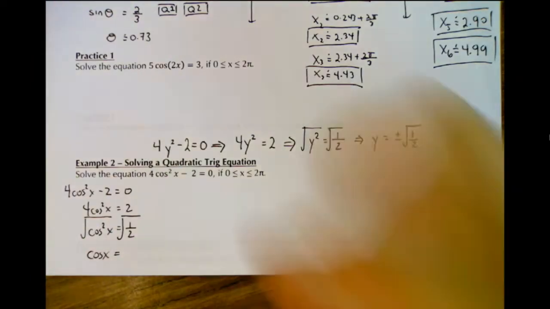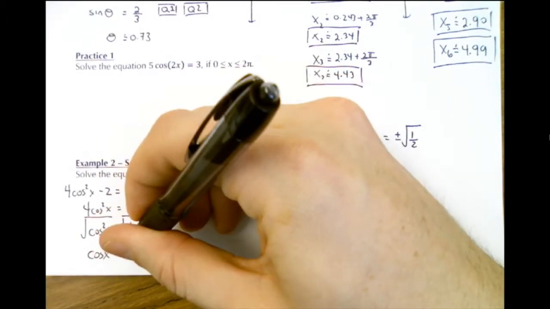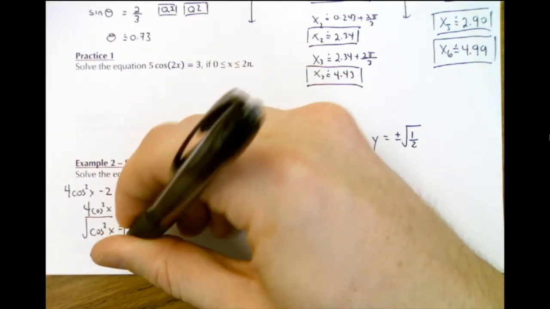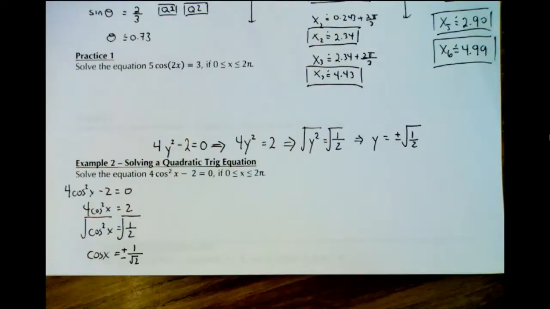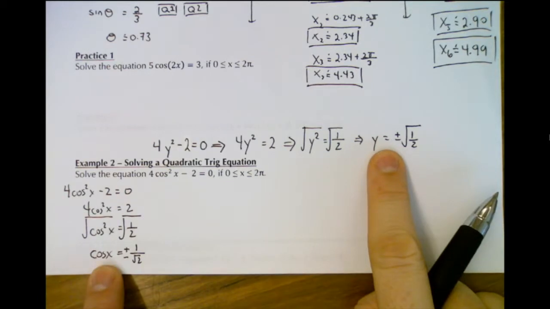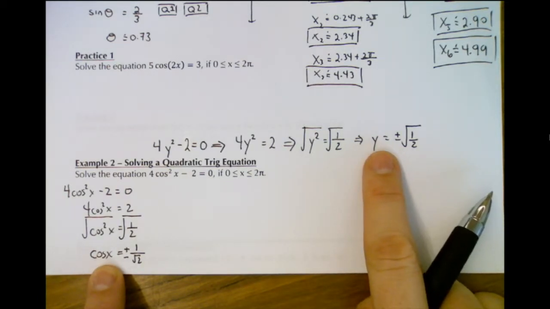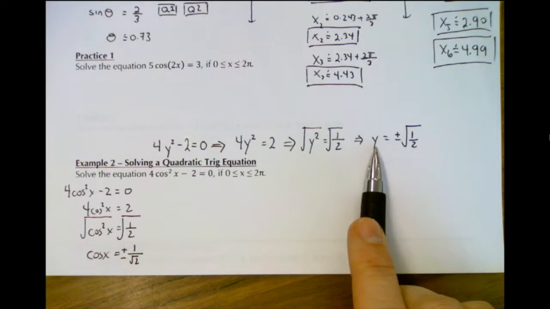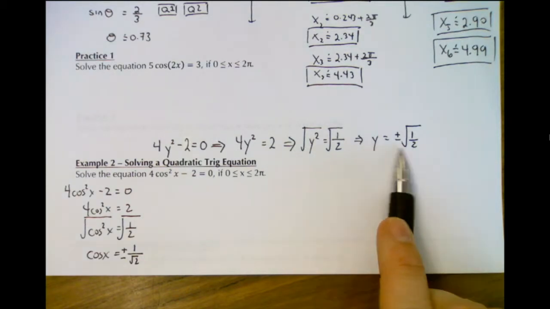When you square root 1/2, the square root of 1 is 1, and the square root of 2 is root 2, and you get plus and minus. So basically, we end up in the exact same spot, except instead of y, we have cos. If you prefer doing the substitution because you don't like looking at the cos squared x and you just want to write y squared and solve, you can, and then at the very end you just pop cos x back in there and you've got the exact same thing.